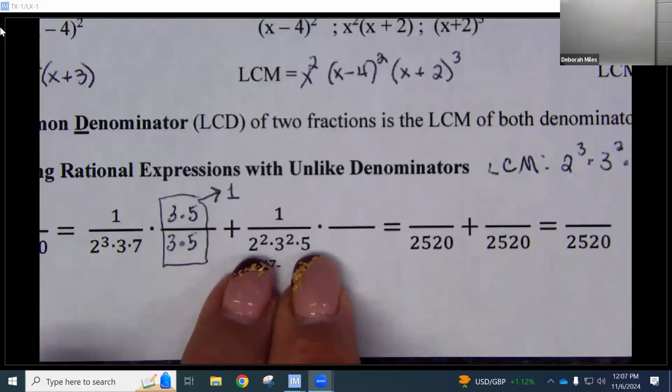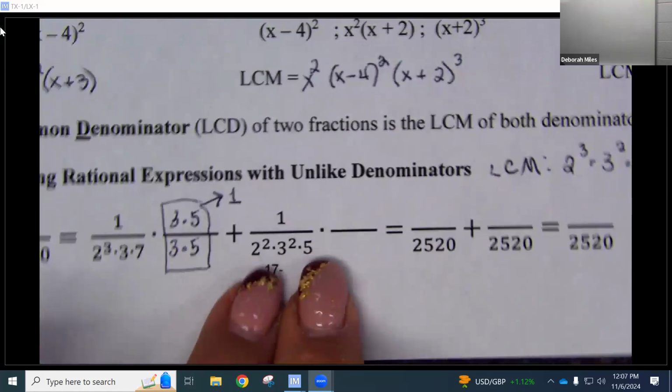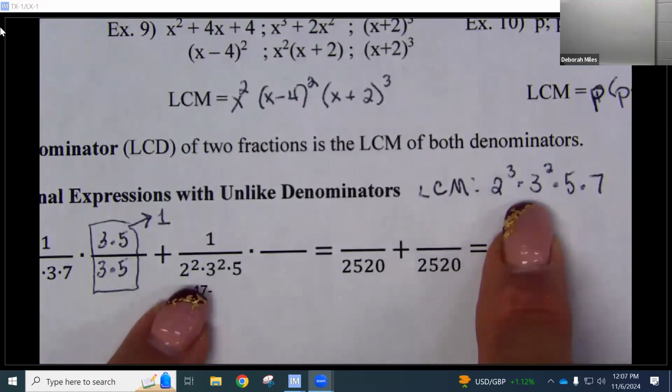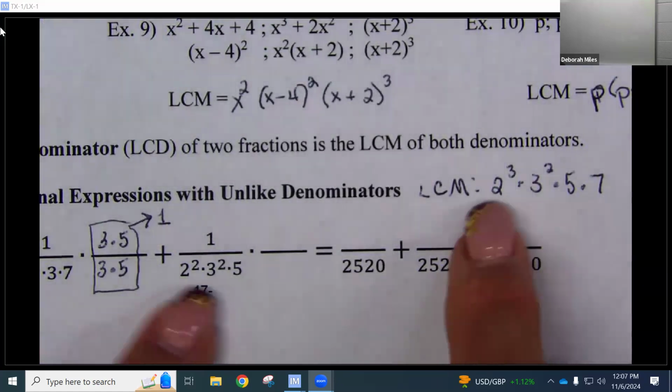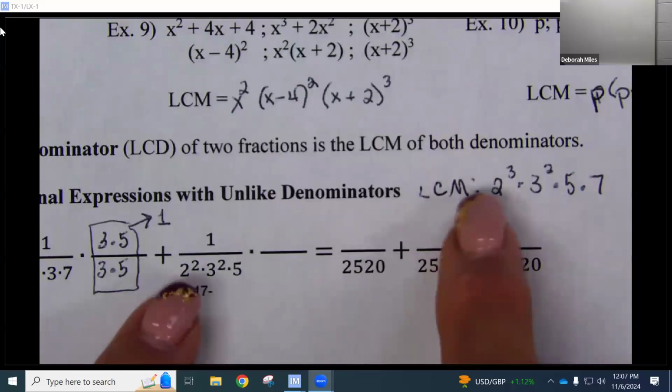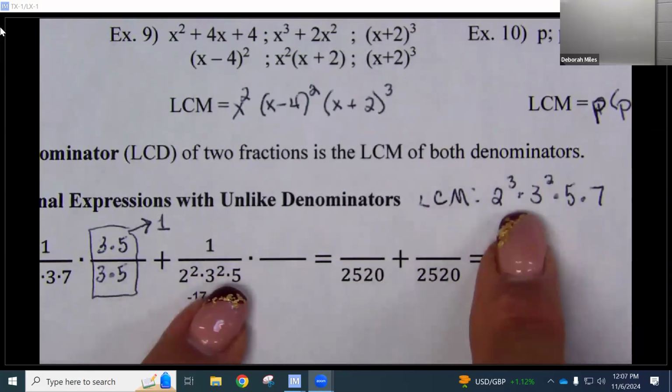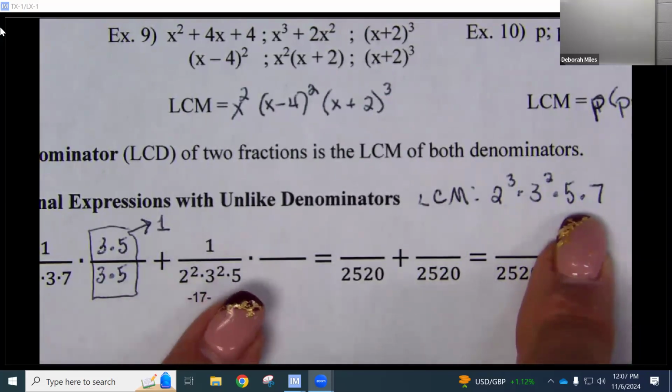Second fraction, here's what my 180 factored into. Look at the LCM and tell me what it lacks in being the LCD. It needs another 2. It has both of the 3s, it has the 5, it needs the 7.